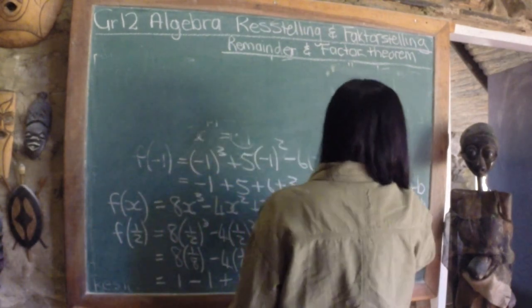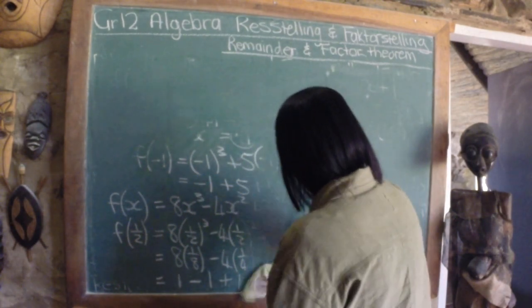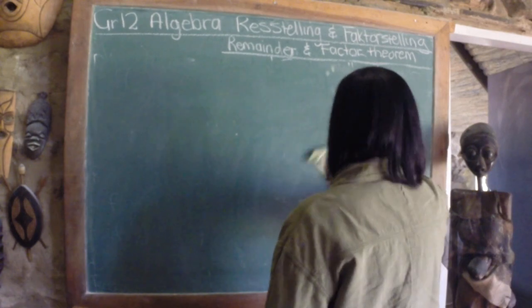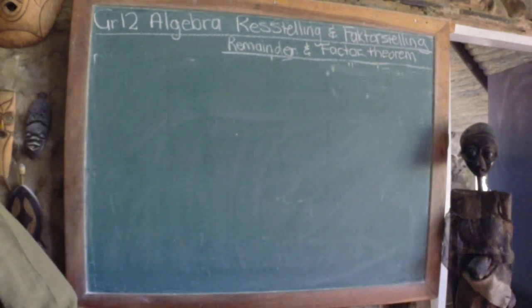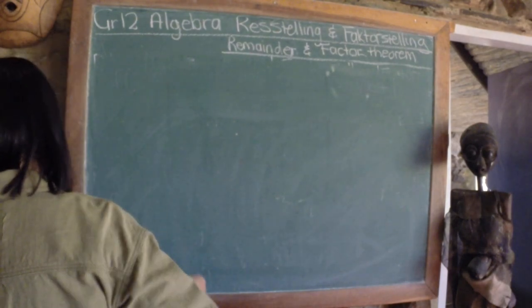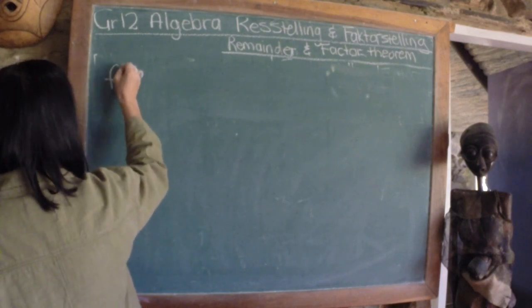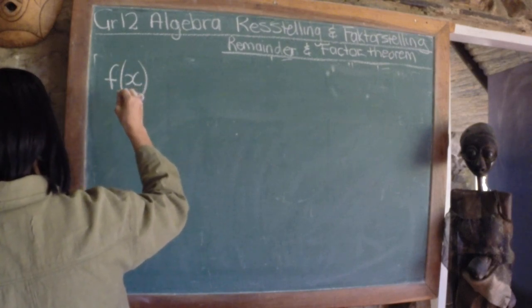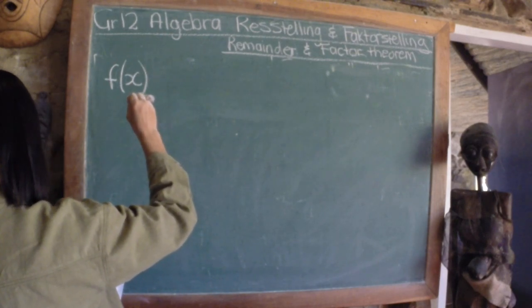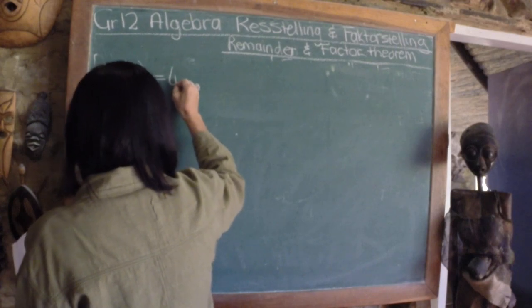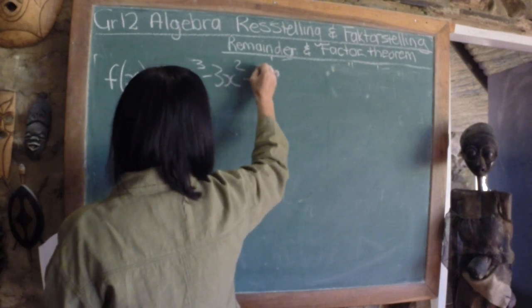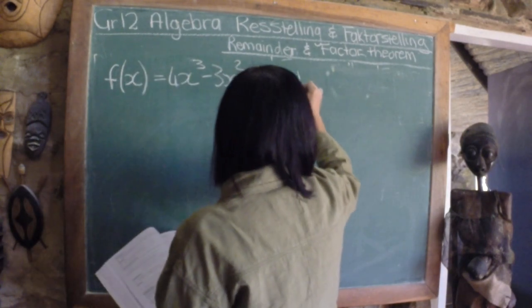Okay, let's now go to our factor theorem, and we're going to look at what our factor theorem means. Our factor theorem says that when we do the same as what we just did, and the remainder is 0, then that x plus a or ax plus b is a factor of f(x). So let's take an example. 4x cubed minus 3x squared minus 2x minus 16.